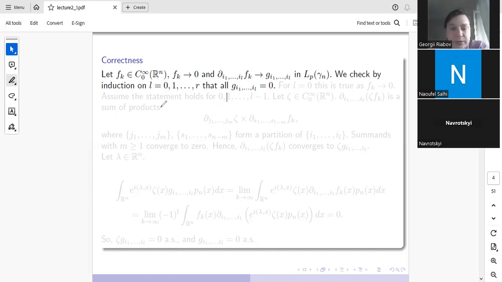One way to do this is to compute the Fourier transform of g_{i1...iL} with respect to the standard Gaussian measure.